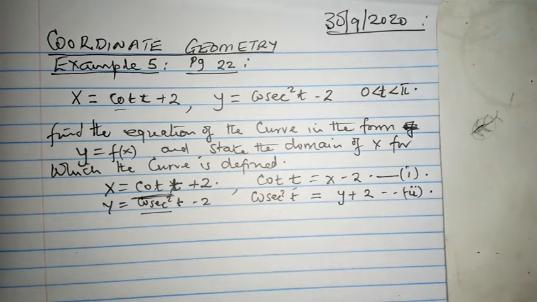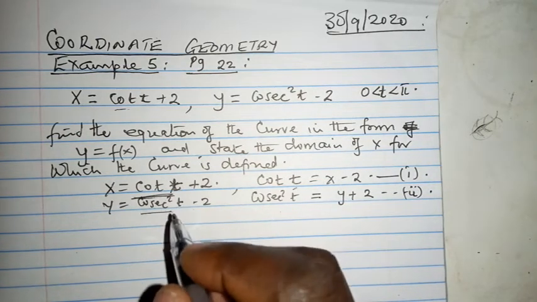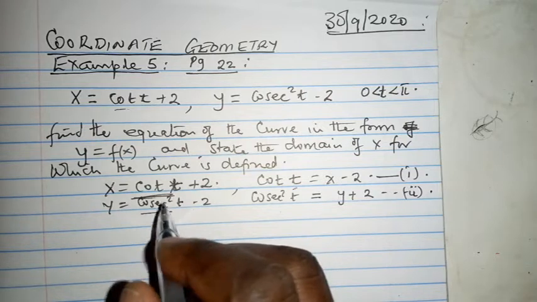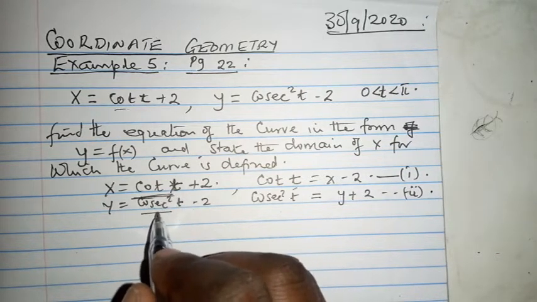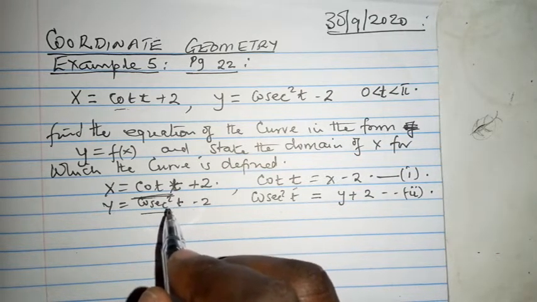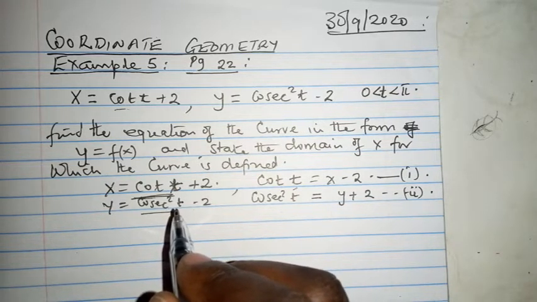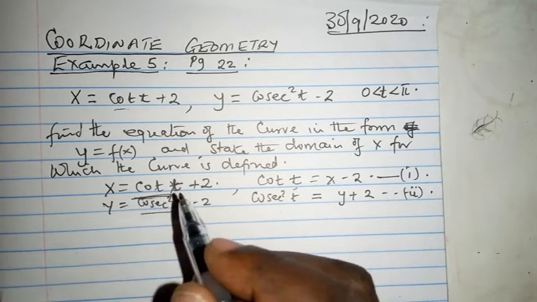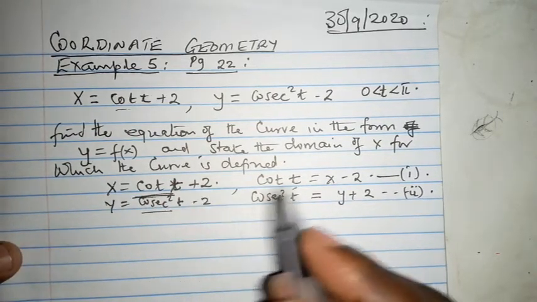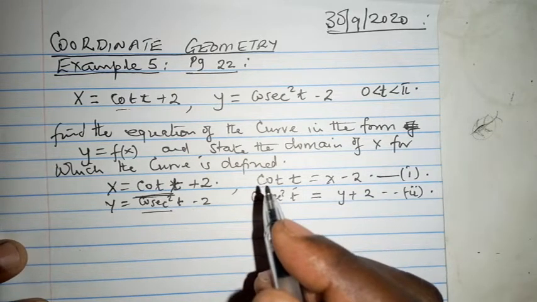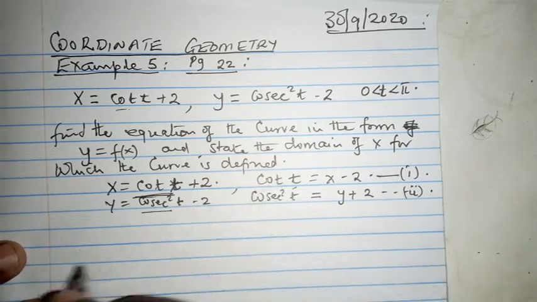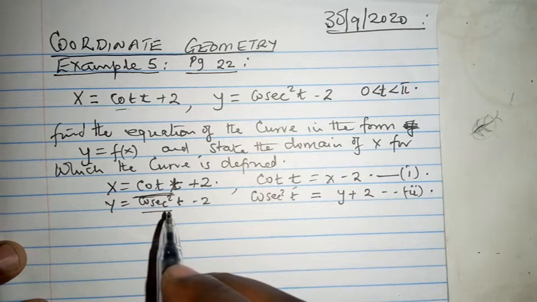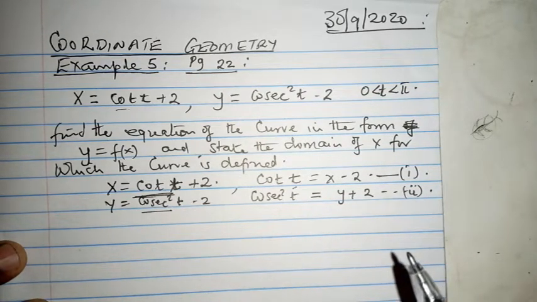And let us now discuss. Since our equations involve cot t and cosec squared t, we can use the identity that captures both of them. It is quite special because it combines cot t and cosec squared t.